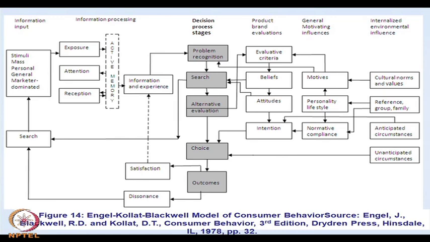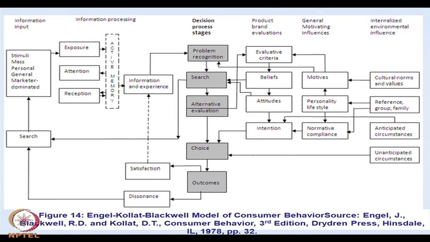The process starts with the usual problem recognition, which, depending upon the importance of the purchase, will actually lead to a search for information. The search for information here will mean information about the product category or about the various brands. The consumer will basically rely on internal sources based on his memory.